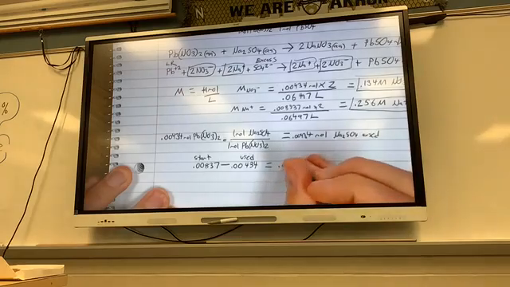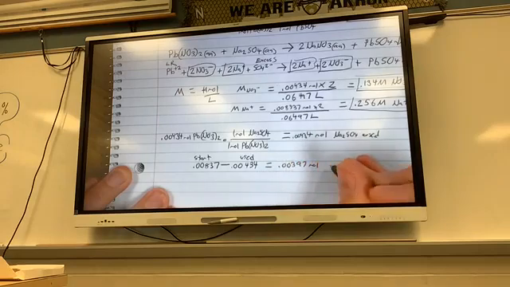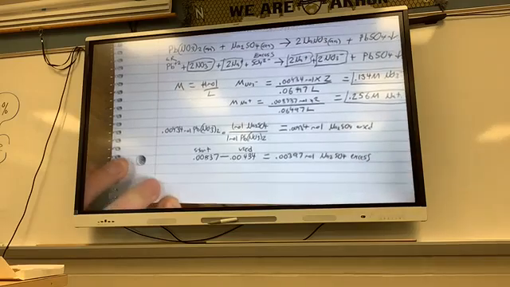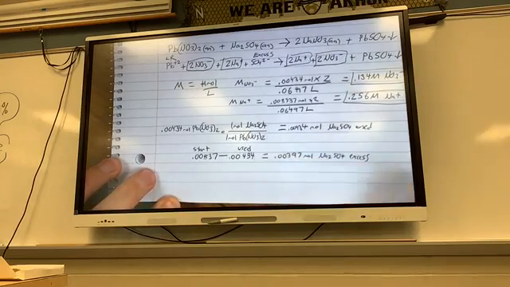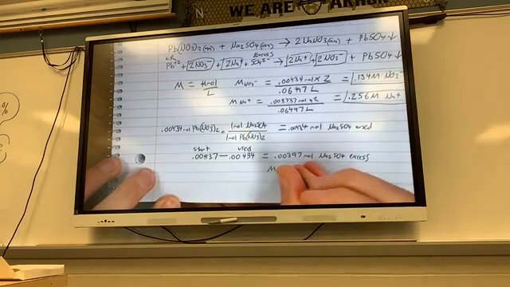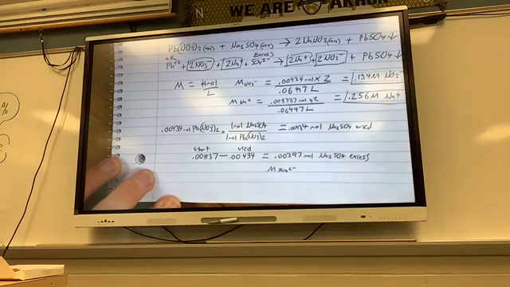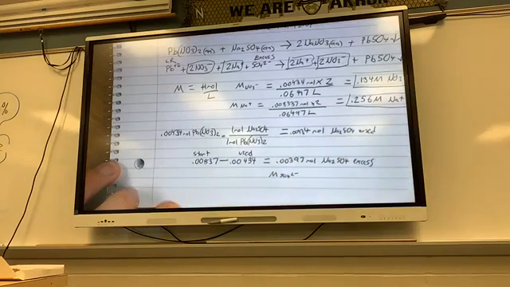So that gives me 0.00397 moles of Na2SO4 excess. Now I can do molarity of SO4 2 minus. Isn't it amazing how we just made one thing take up almost a whole page?